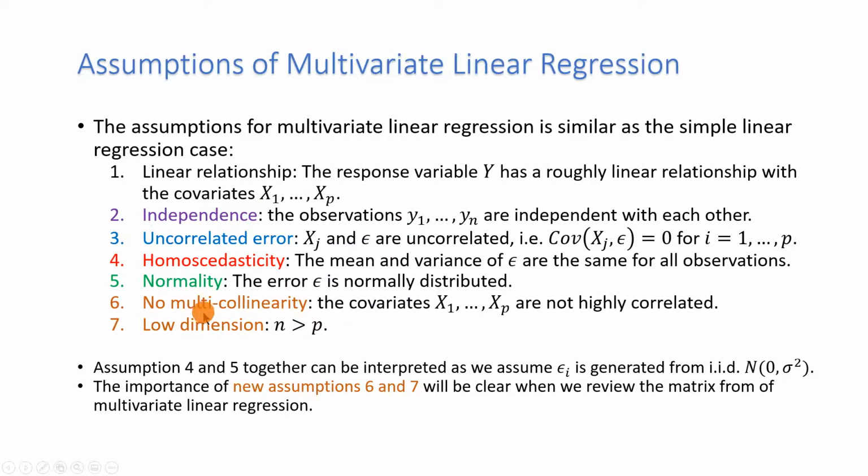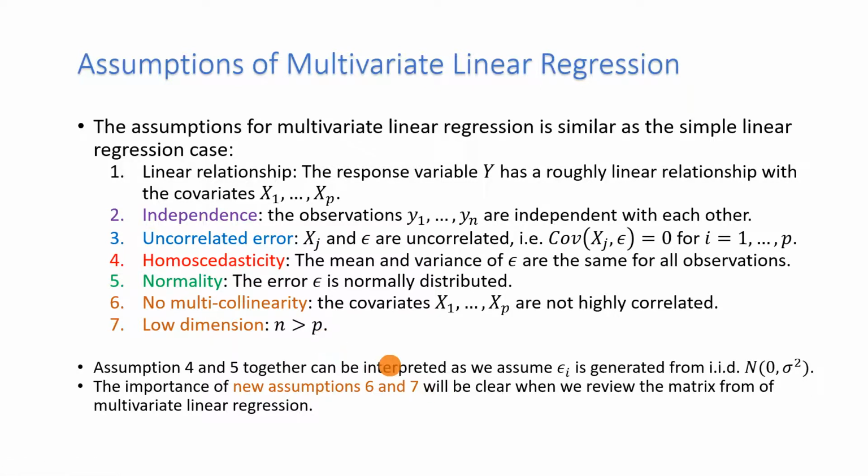This low dimension assumption is necessary because when p is greater than n, we are not able to solve this multivariate linear regression model unless we impose some other constraints. Okay, so we will have a closer look at this condition when we review the estimation of the multivariate linear regression.